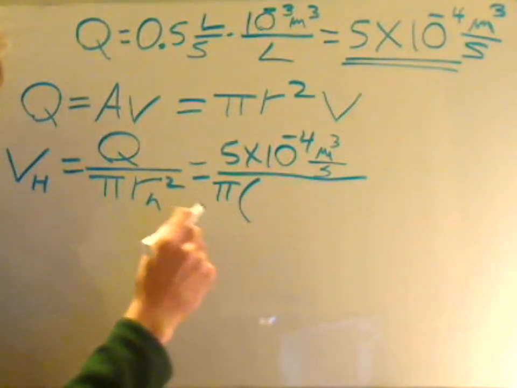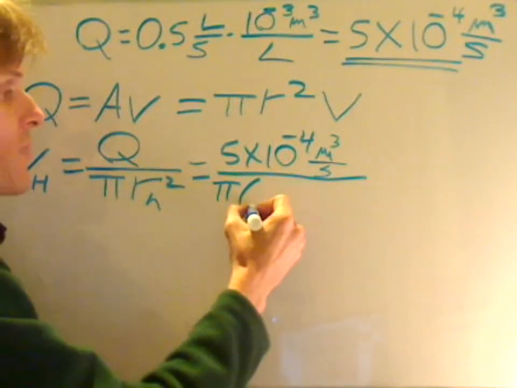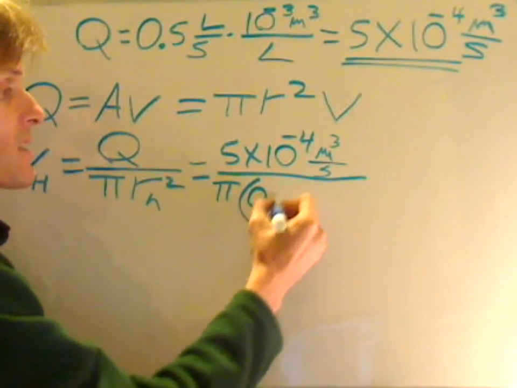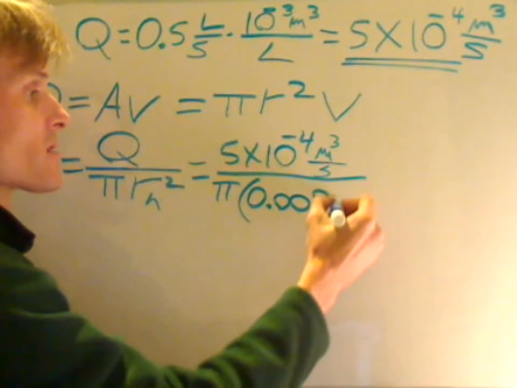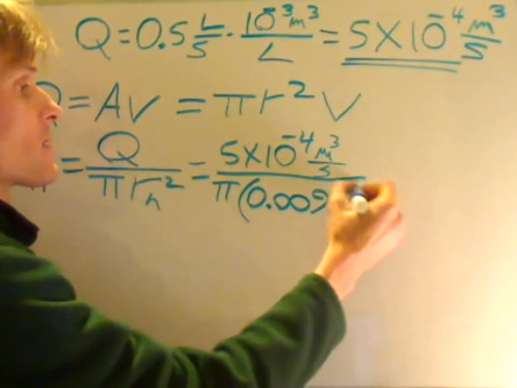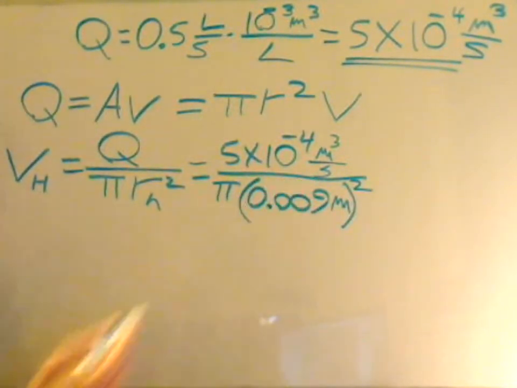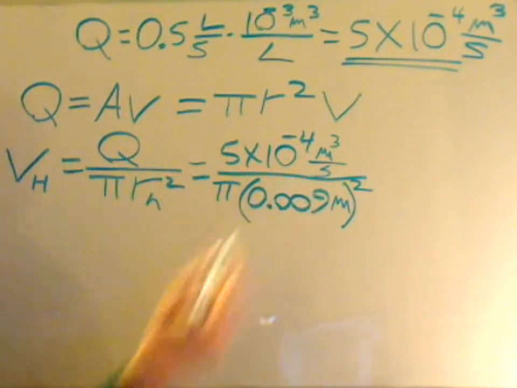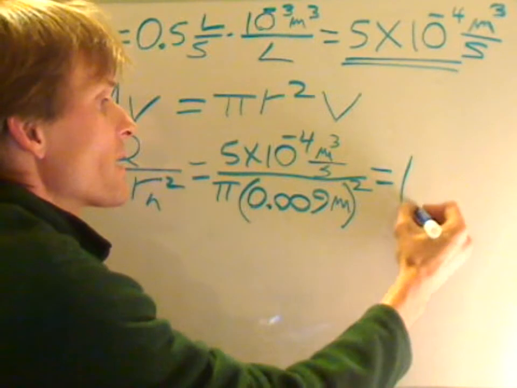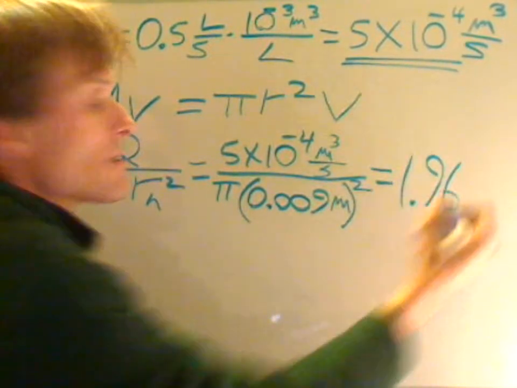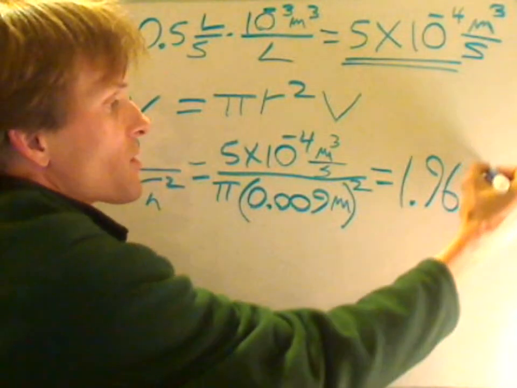We need to get that into meters, so 0.9 centimeters is 0.009 meters. And don't forget the squared here. When you do that calculation, you get 1.96 meters per second.